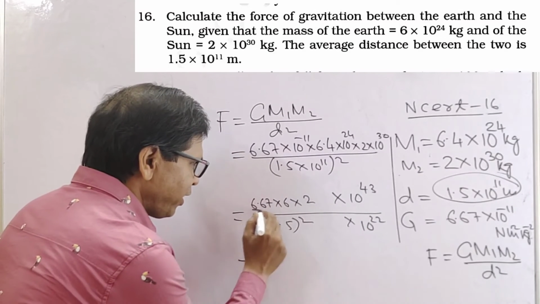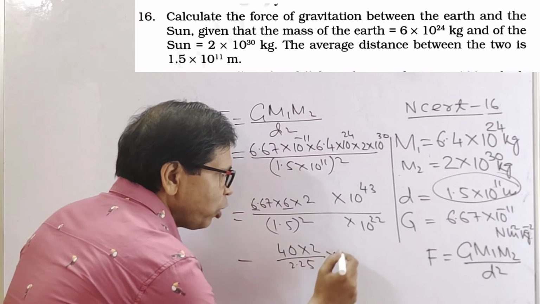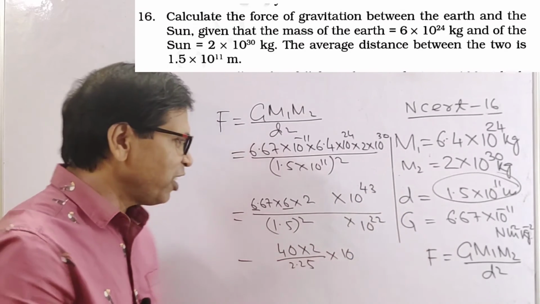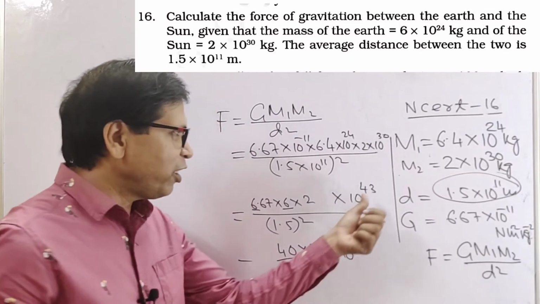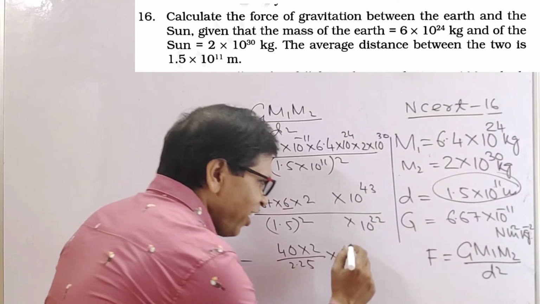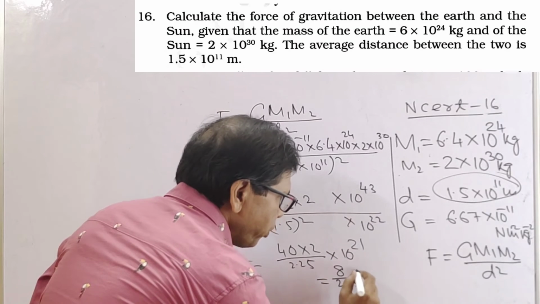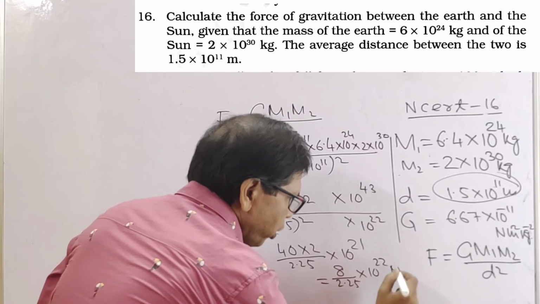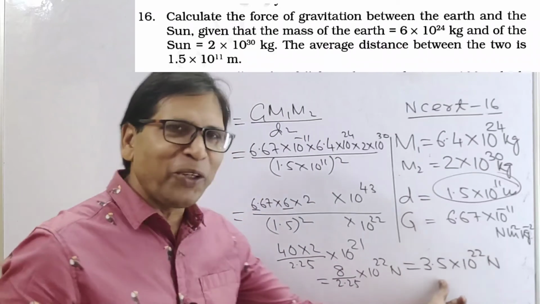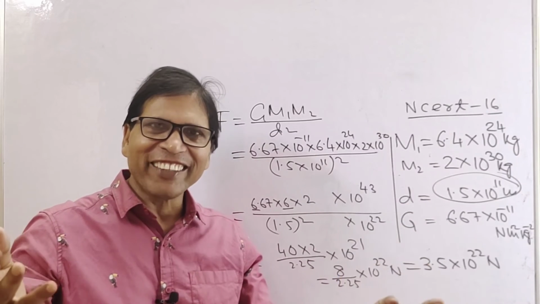So this is 40 into 2 divided by 2.25 into 10 to the power 43 and 22. So 43 minus 22 is 21. Therefore, this is 80 by 2.25 into 10 to the power 21, which is 3.5 into 10 to the power 22 Newton, the force of attraction between Earth and Sun. Okay, please comment on this video.